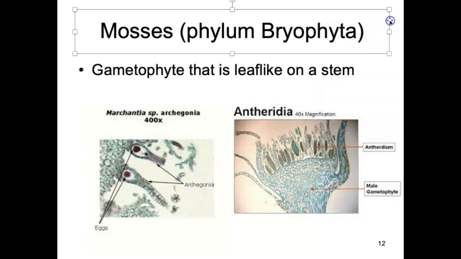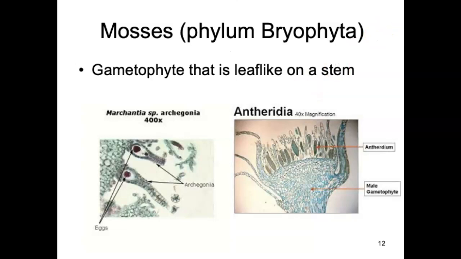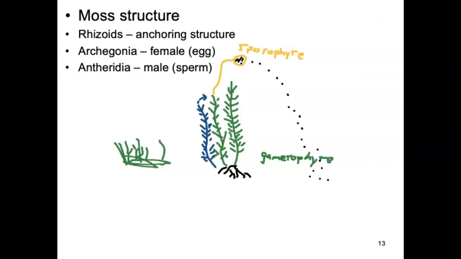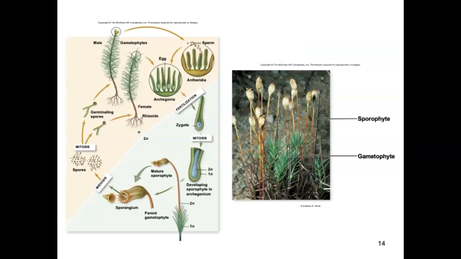Zygote develops into the embryo. Embryo grows, develops into the sporophyte. Sporophyte produces spores, and those spores then germinate, produce new gametophytes. Life cycle continues. But what we'll see is most of the life cycle for a moss is spent as a gametophyte. That's a little green thing here that we often see.